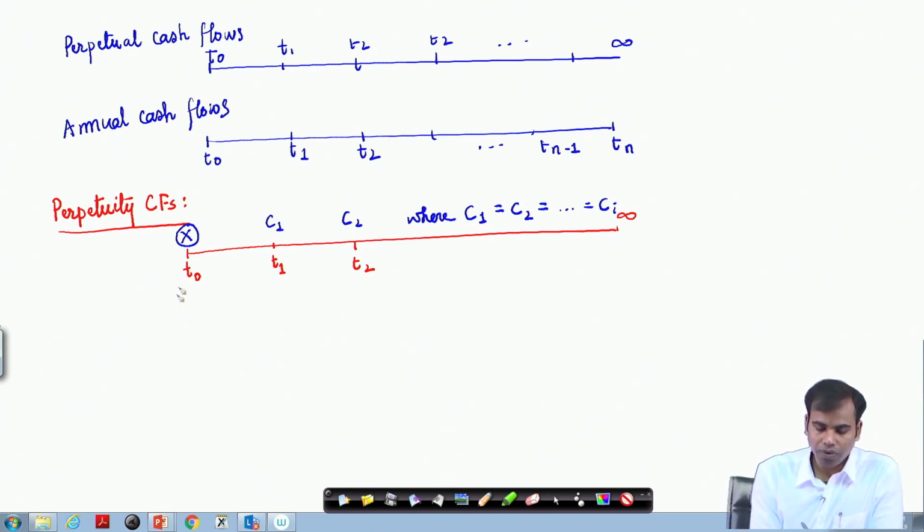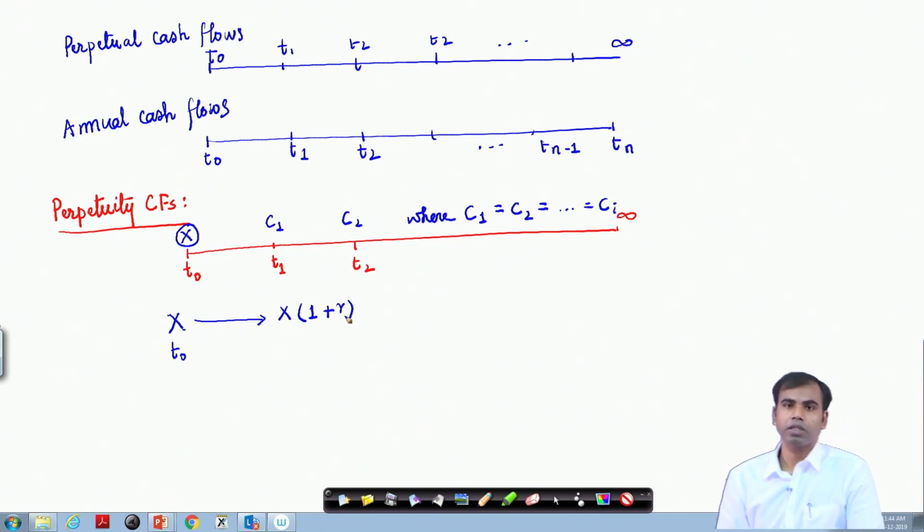So, suppose you have asked the alumnus to invest an amount of money x today. So, this is basically today, and after 1 year you are expecting that you should get a return, or a value of your investment, of x into 1 plus r, right.